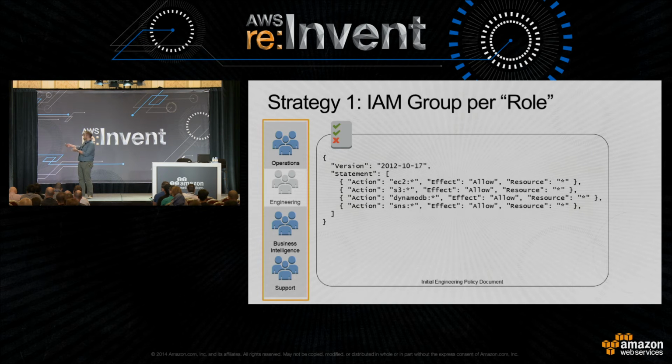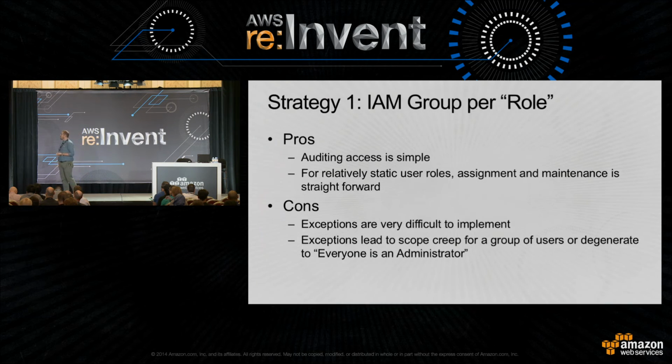And so we've given them an action of : on all resources to let them do their job. So this becomes really simple to audit because it's really easy to look in and understand that Joe is a member of the engineering group, and therefore they have these rights. And for small user populations and easy workflows, it's easy to maintain.